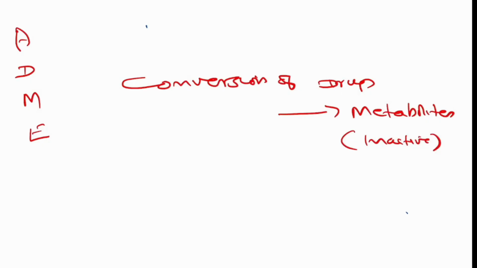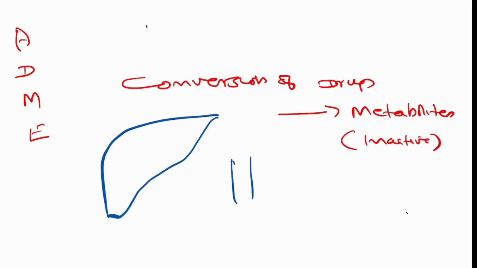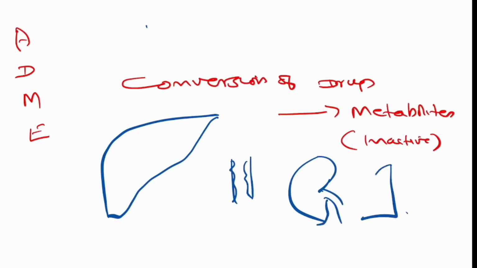What are the major sites of this metabolism? First and foremost is the liver. Then the gut wall, kidneys, some drugs are renally metabolized, some in the lungs, of course skin, and some in plasma.